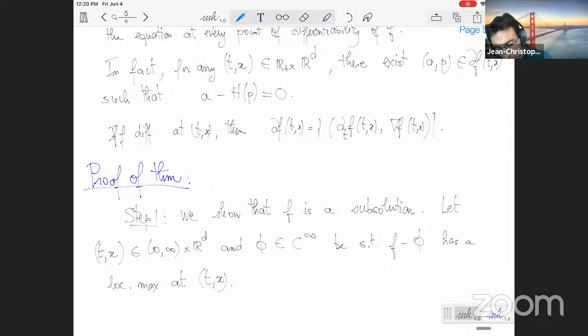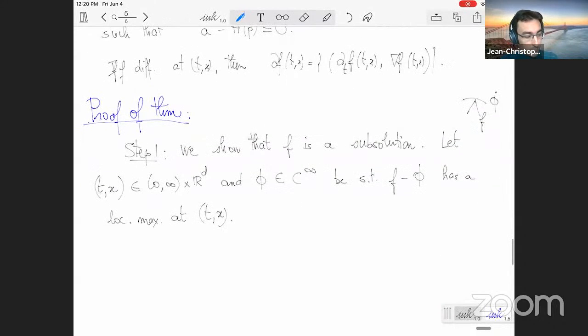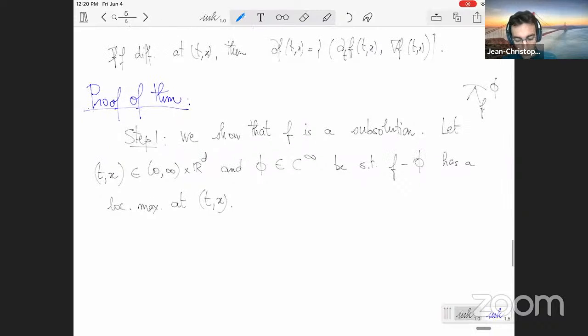Okay, so as usual, I do my little drawing. We touch from above, so it looks like this, except it doesn't actually look like this because f is convex. So in fact, f is smooth. I mean, it has some regularity at the contact point. And this is what I'm going to argue. So as before, this is really something we have already argued. So f of t prime x prime minus f of tx is going to be smaller than phi of t prime x prime minus phi of tx.